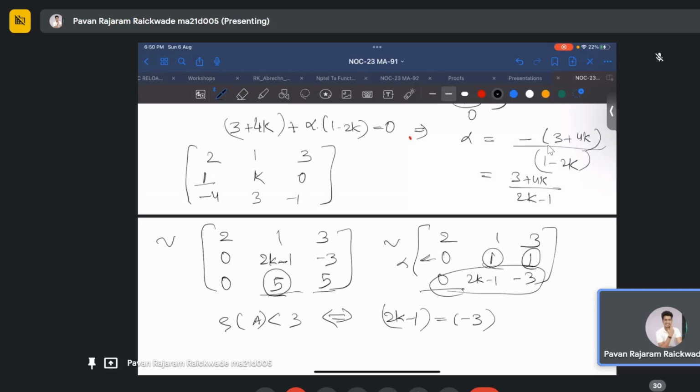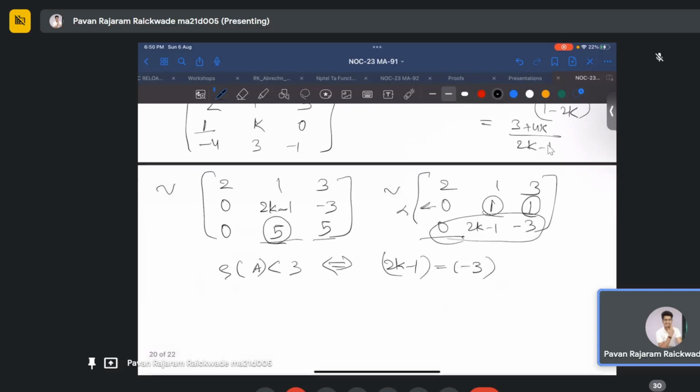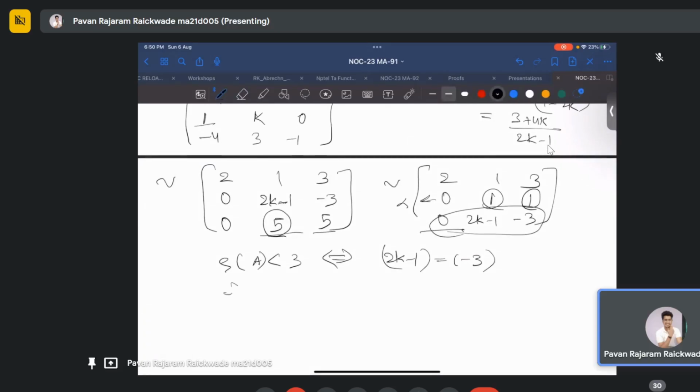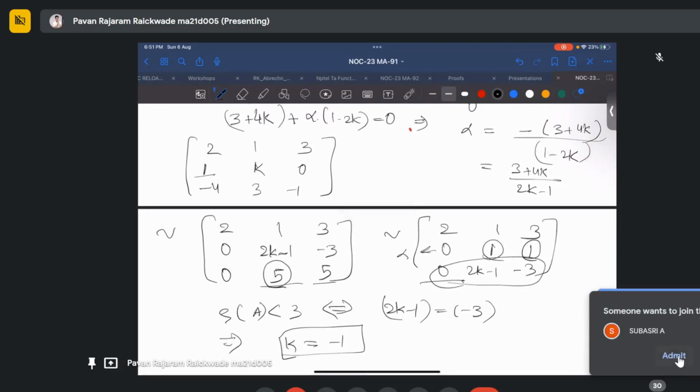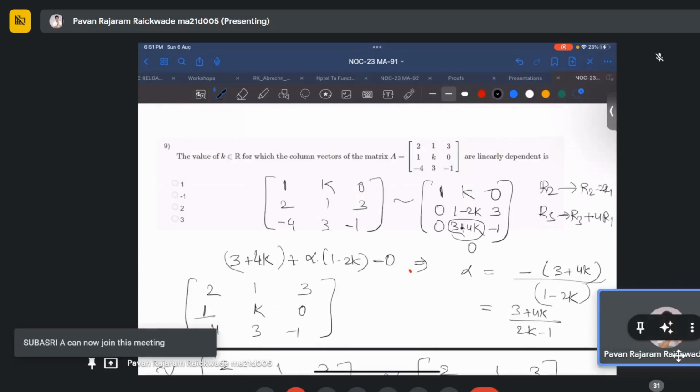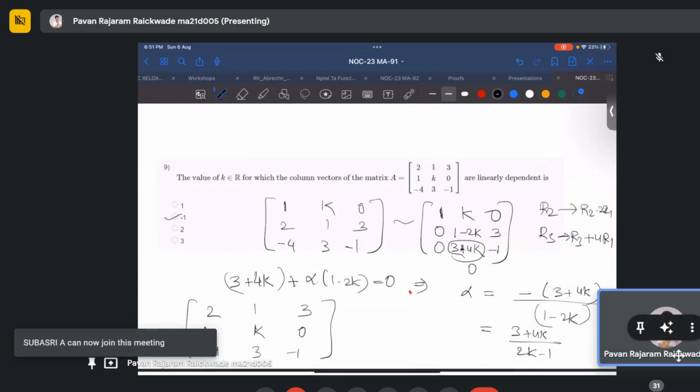Because these two entries are the same. That's the only way, right? So that means k equals minus 1. For k equals minus 1, we get the rows and columns linearly dependent.